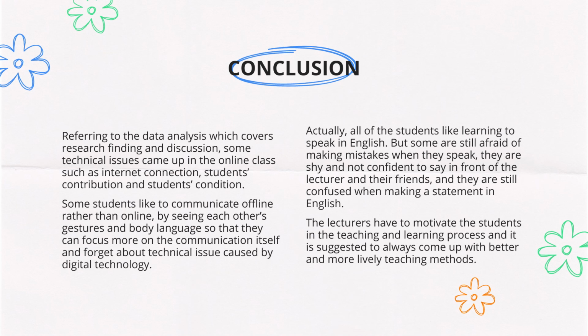Actually, all of the students like learning to speak English, but some are still afraid of making mistakes when they speak, and they are shy and not confident to speak in front of the lecturer and their friends, and they are still confused when making a statement in English.